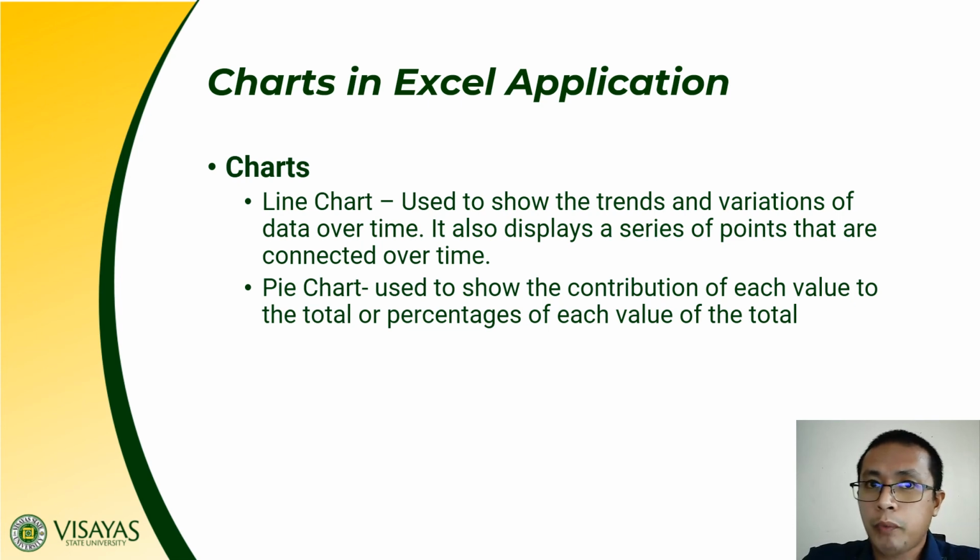If you want to present the contribution of each part to the whole, make use of a pie chart. If you want to present the frequency for each category, you can use a column chart, which can either be a vertical or horizontal bar chart. It depends on your preference.